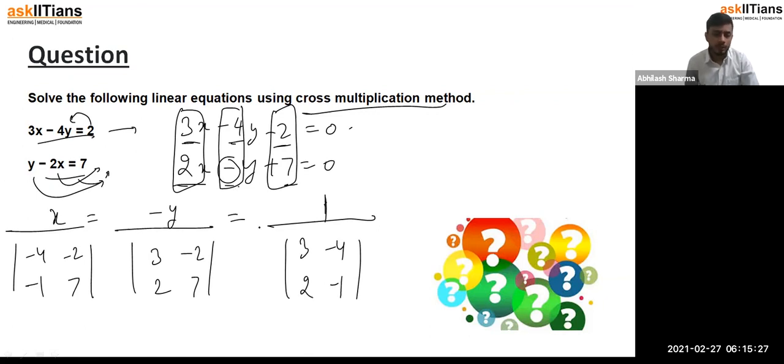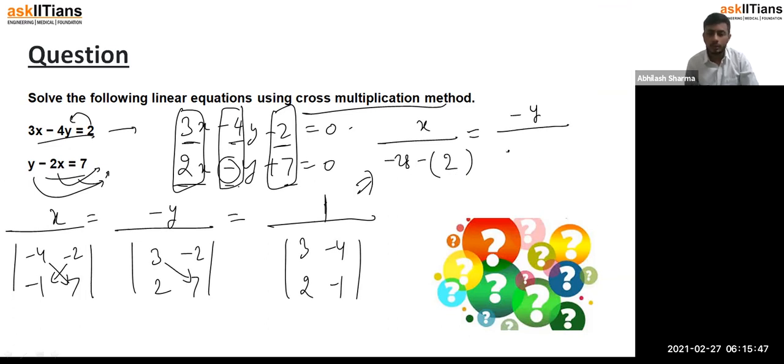Let us see what we are getting from here. This would imply x upon, now you cross multiply: minus 4 into 7 is minus 28, minus, minus 2 into minus 1 is 2. Equal to minus y upon, 3 sevens are 21, minus the product of minus 2 and 2, which is minus 4.